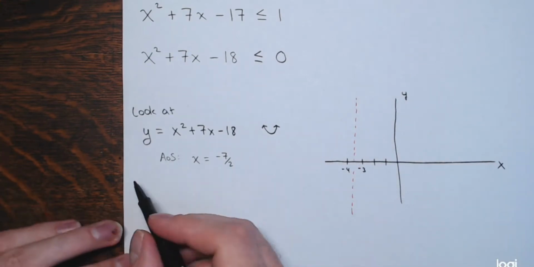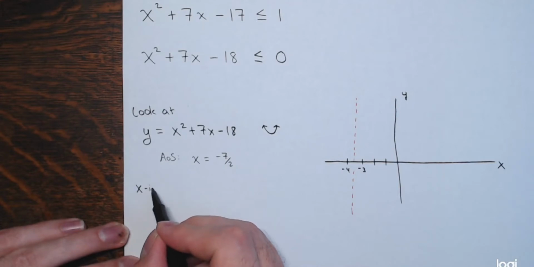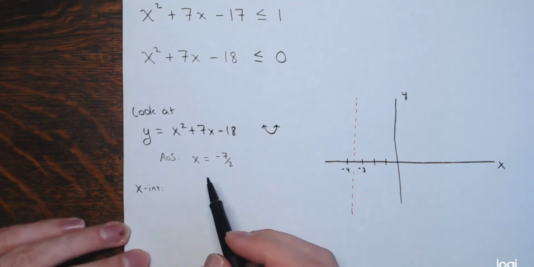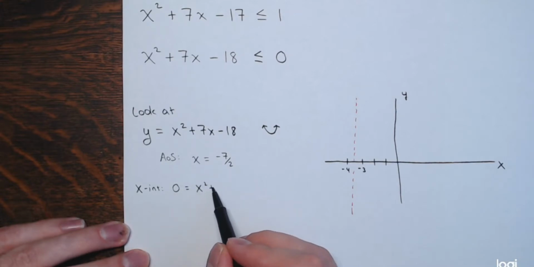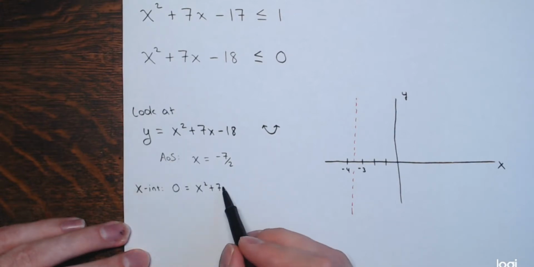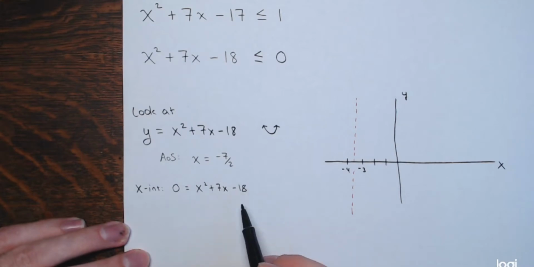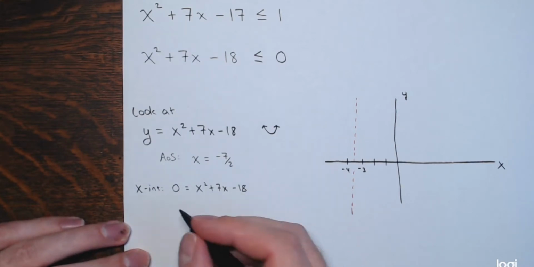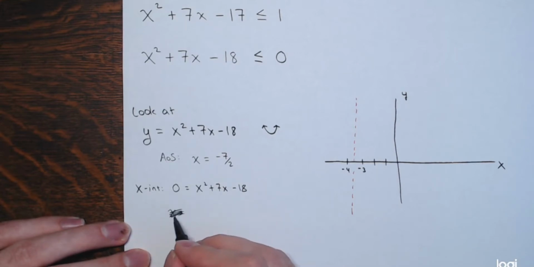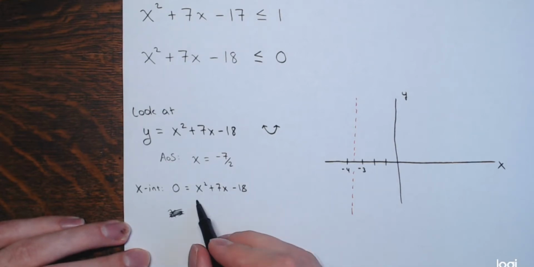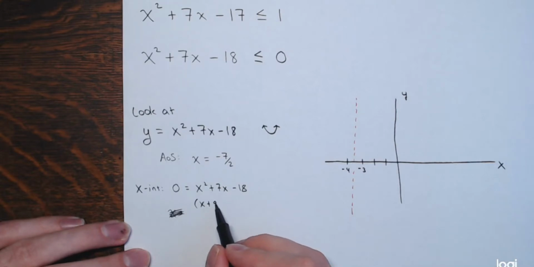Then the x-intercepts. Solving this equation, 0 equals x squared plus 7x minus 18, replacing y with 0. I'm going to use the quadratic formula this time. x equals, well actually no, this one's nice. This factors, this is x plus 9 times x minus 2.